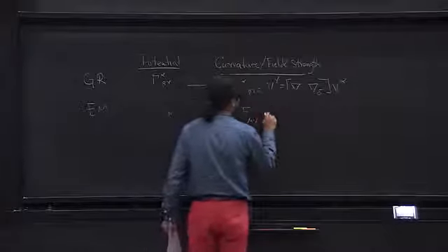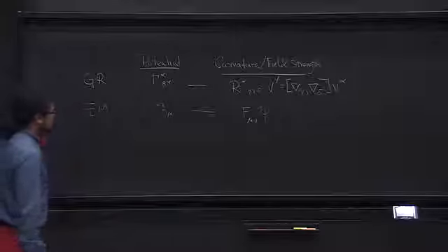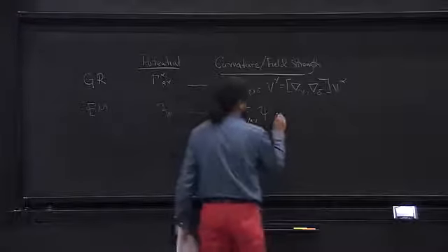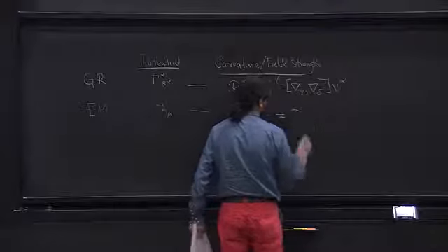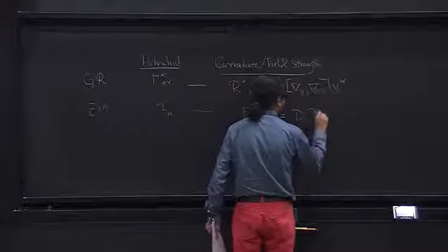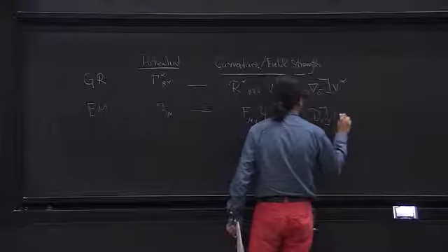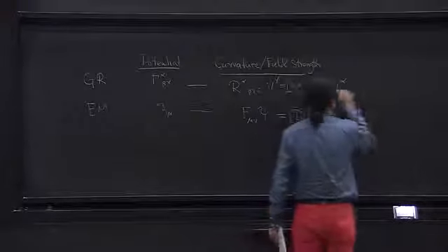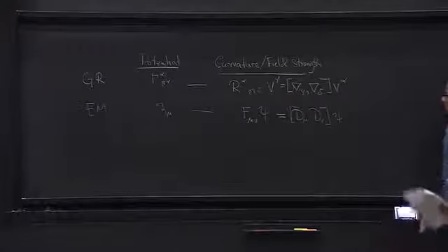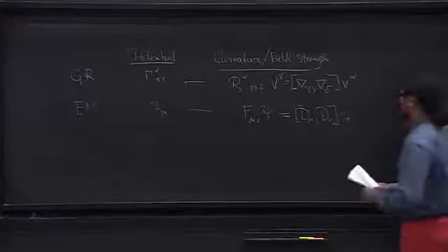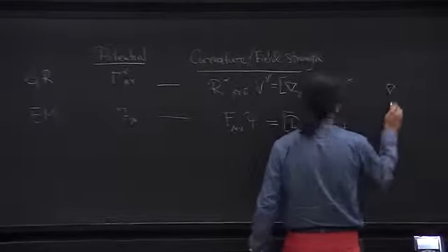And suppose that F mu nu was acting on some wave function, then its action on the wave function is given by a different covariant derivative acting on this. I don't have to tell you what the covariant derivative in GR is. You already know this. But let's just, for completeness, do this.